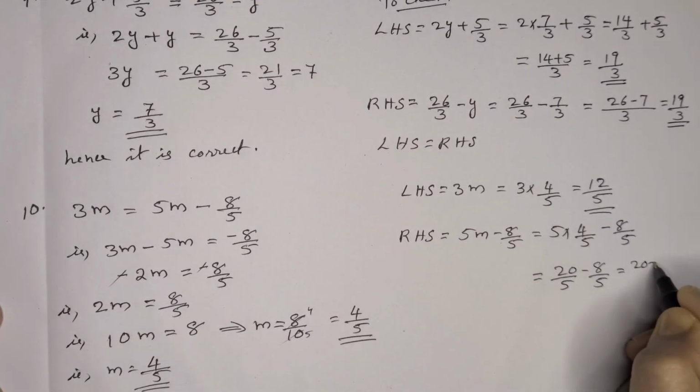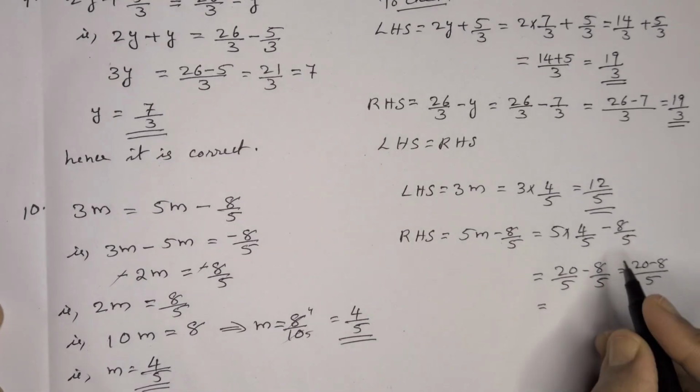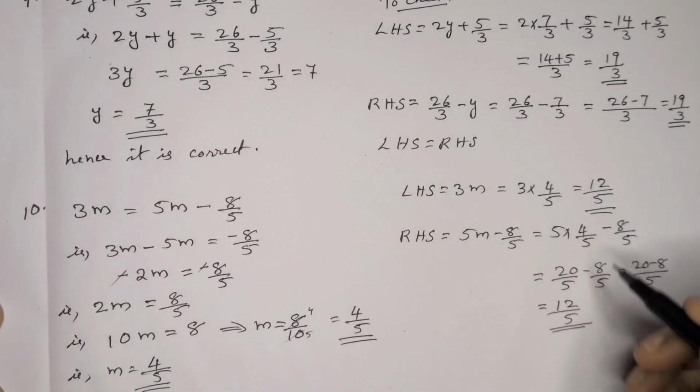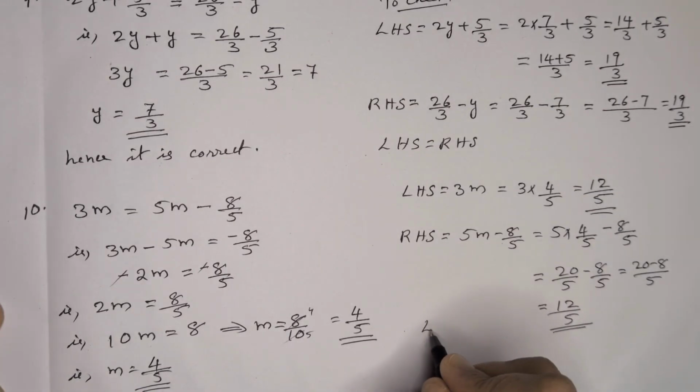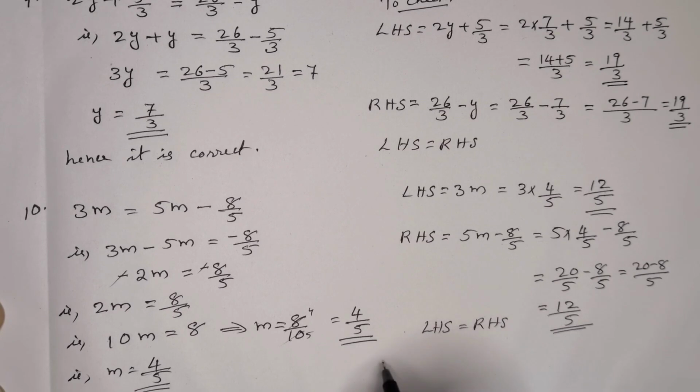That is (20 - 8)/5, which is equal to 12/5. Now here LHS and RHS are same. So we can write LHS = RHS, and hence it is correct.